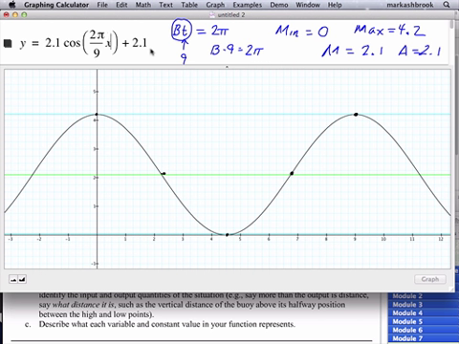Okay, so similar to this was the tide problem. So this is the buoy going up and down, and the tide goes in and out.